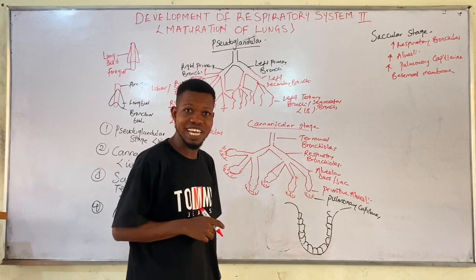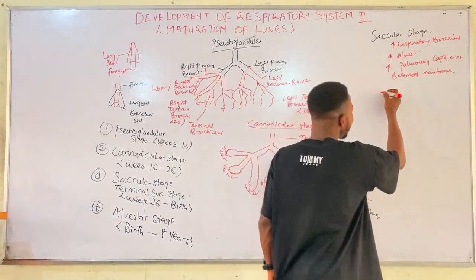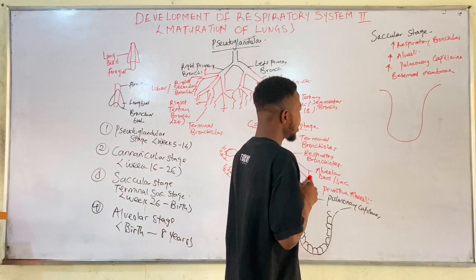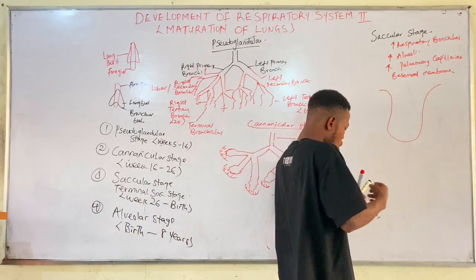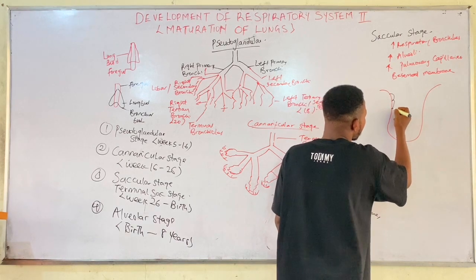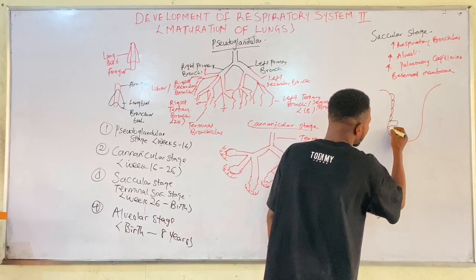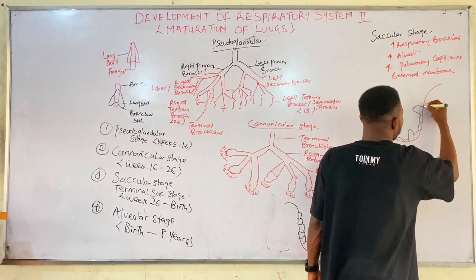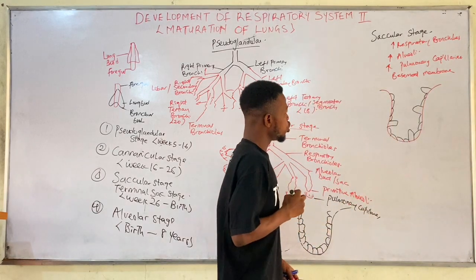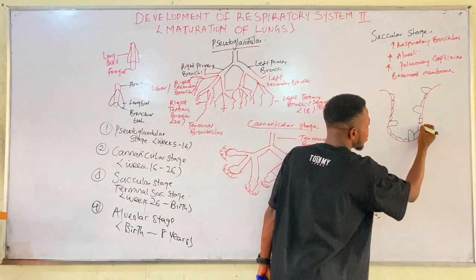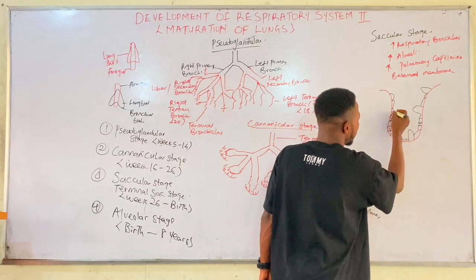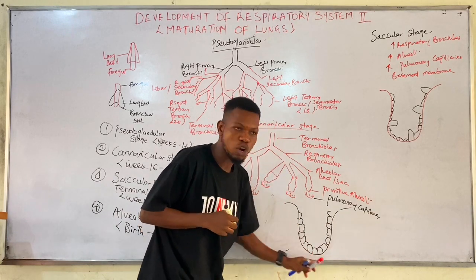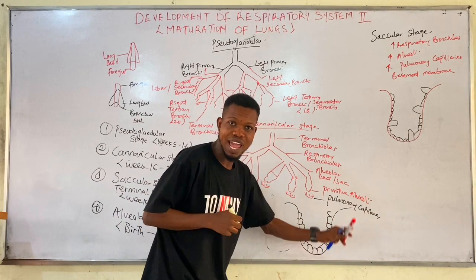Now at the saccular stage, we notice that the alveoli become something like this. Now you will notice that before, during the canalicular stage, all the cells that make up the primitive alveoli are cuboidal.